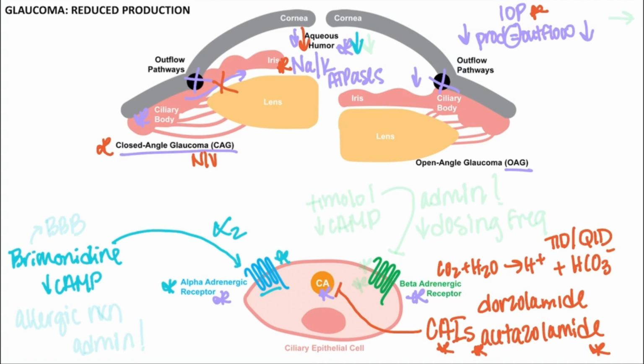So because it's topical, it's mostly local reactions like allergic type reactions, as well as inflammation in the eye and mydriasis. However, some systemic side effects can be noted, especially if the patient is not administering their eye drops correctly.